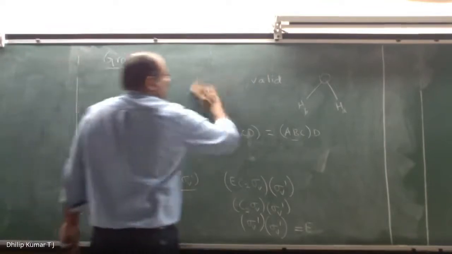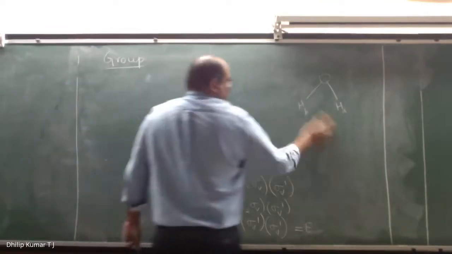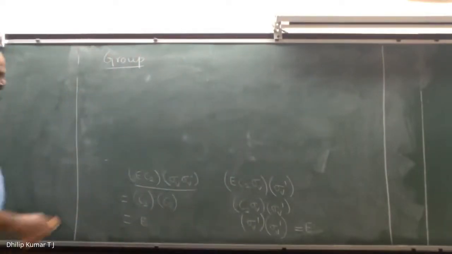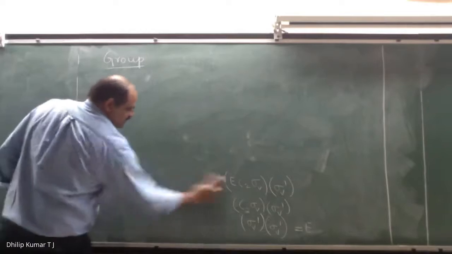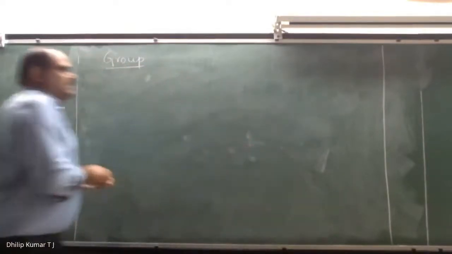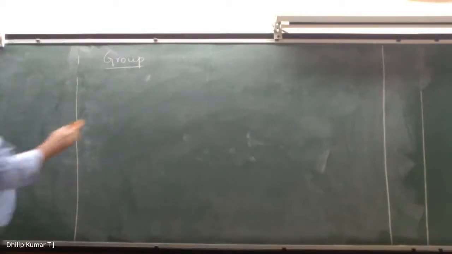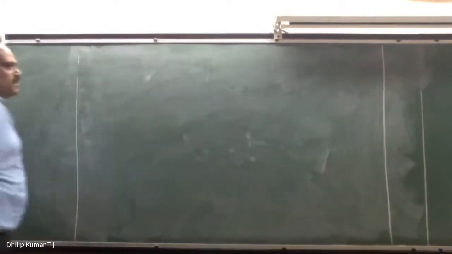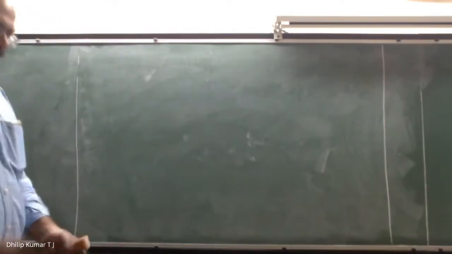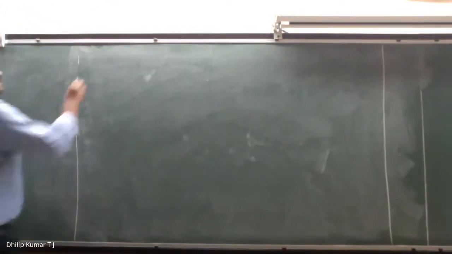We'll see, maybe not today, maybe next class, something called a subgroup. Before that, we study what is called a class also. For studying those things, matrix is important. All these operations, one can write in terms of a matrix form.